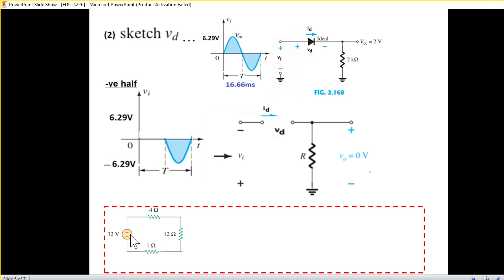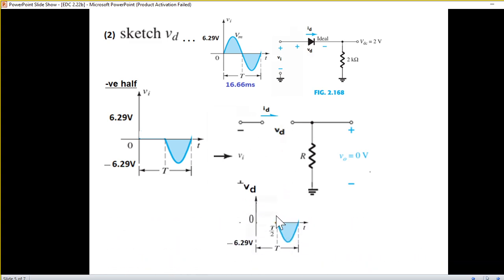Let's say we have 32 volt and we have 3 resistors in this circuit. If we cut one of them open, then this 32 volt will appear there totally. Similarly, if you cut the other one, again the 32 will appear there. That means whatever the input voltage is, that will appear across the diode. So this will be the diode voltage for the second half. And the complete voltage will be this one: in the first half it will be 0, and in the second half it will be minus 6.29 volt.